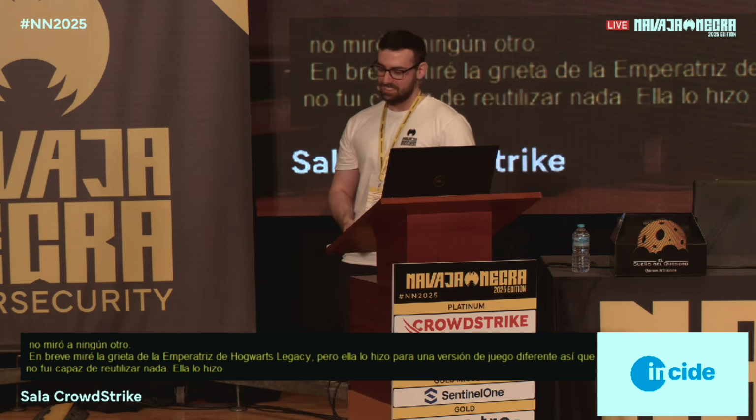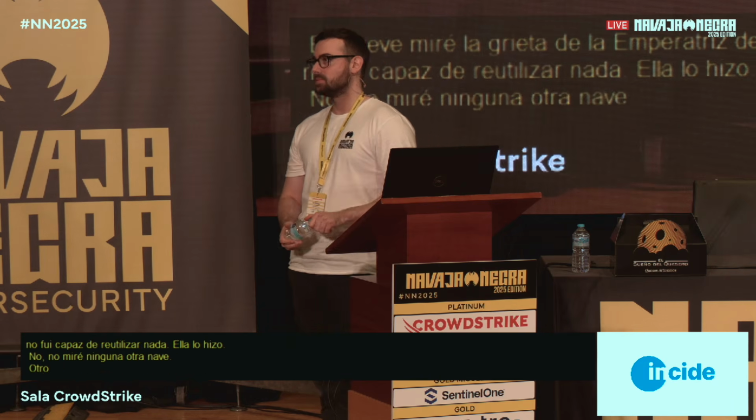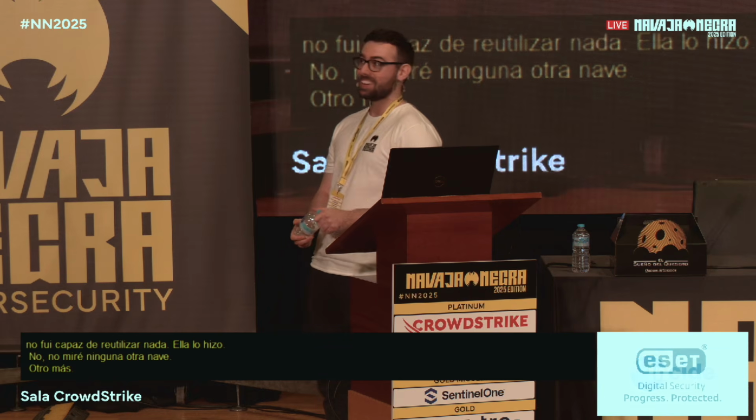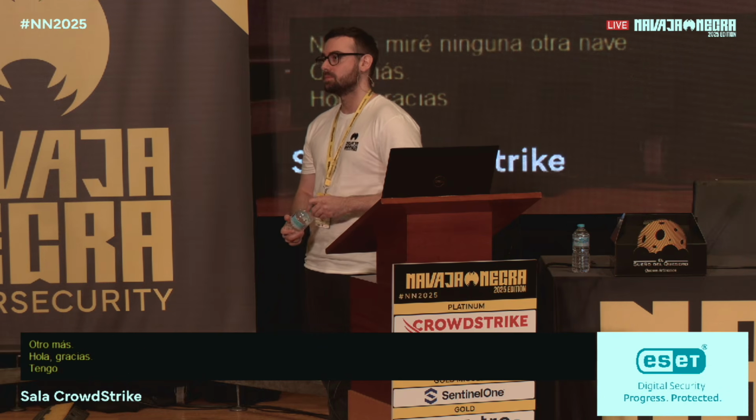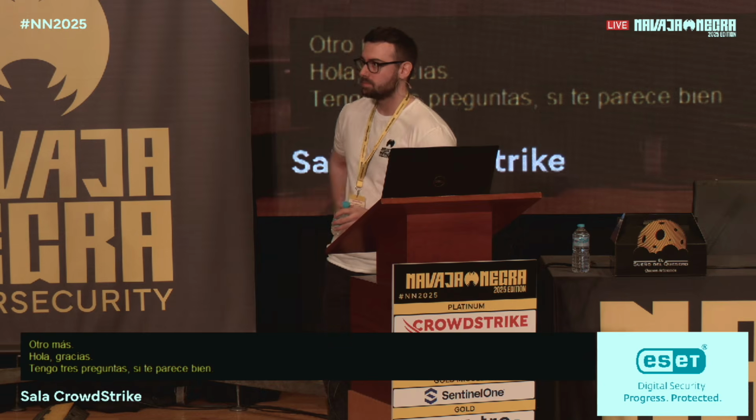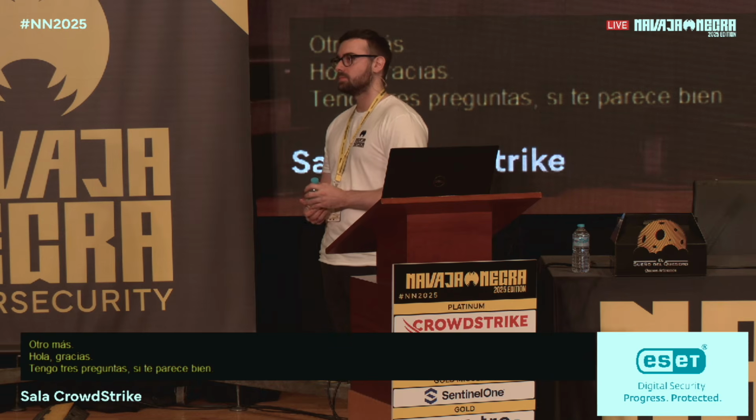Hi, thank you. I've got three-ish questions, if that's okay. Okay, go for it. There are so many different data points that you're looking at, and how do you have any kind of feedback from the processes?